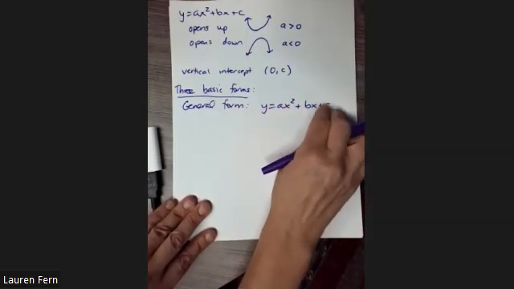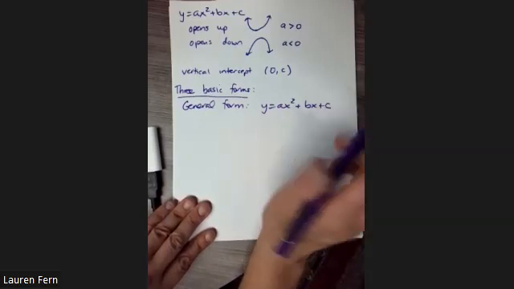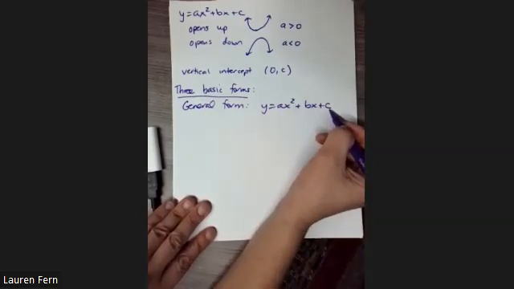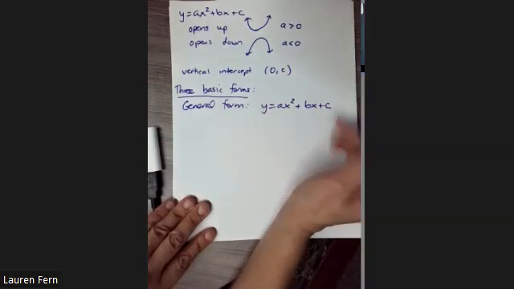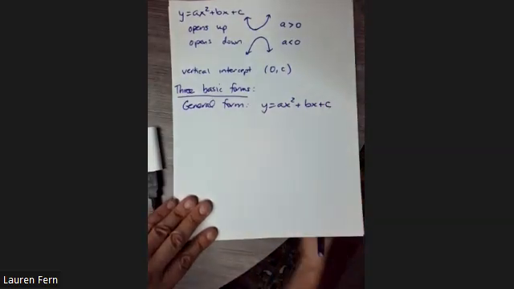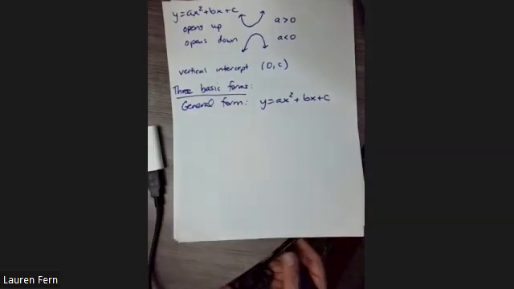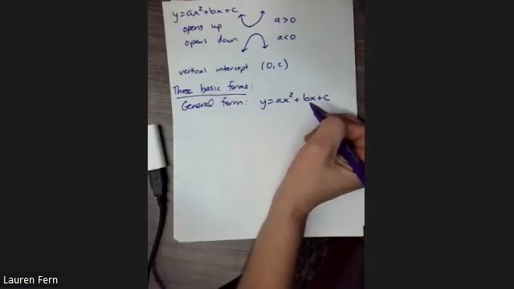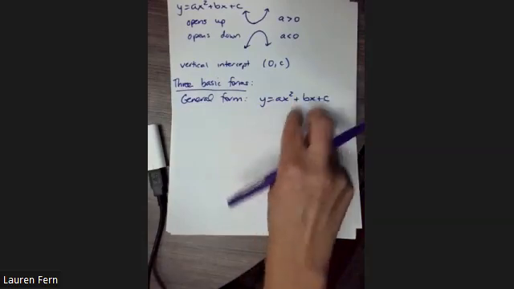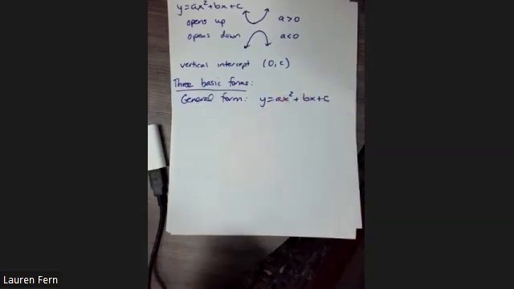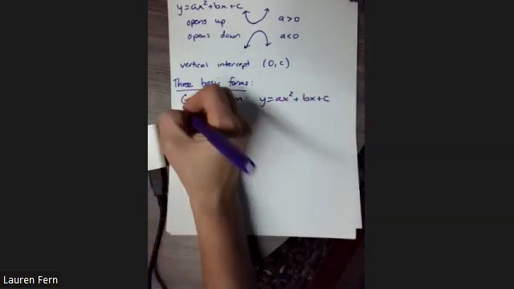The nice thing about the general form is it's really, really simple to read off what your vertical intercept is. I think that's the biggest advantage of this form, okay? Again, because once you plug in x equals 0, that just nixes any term with an x in it, okay?